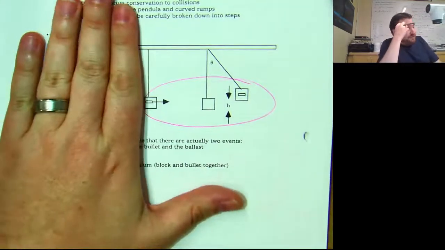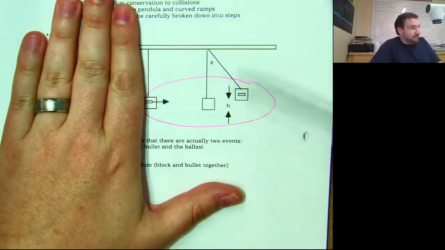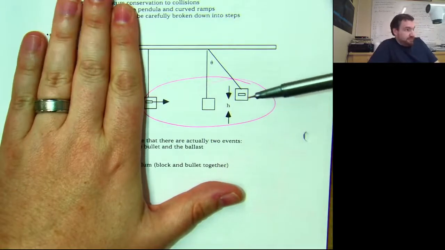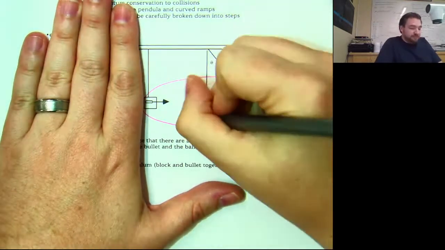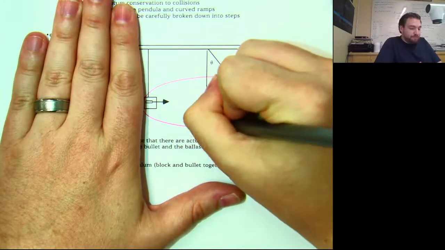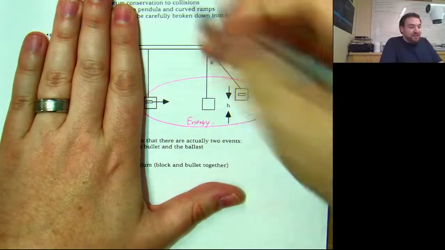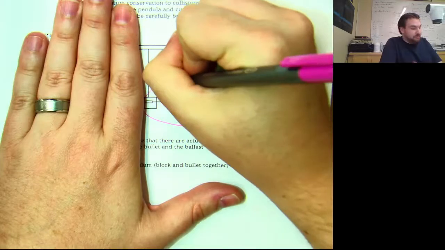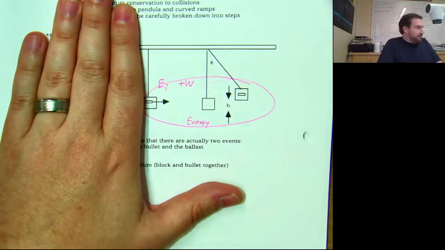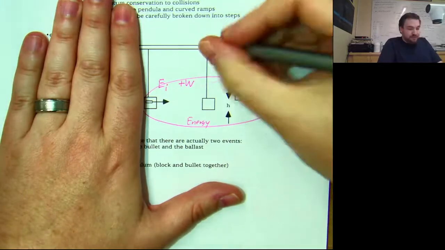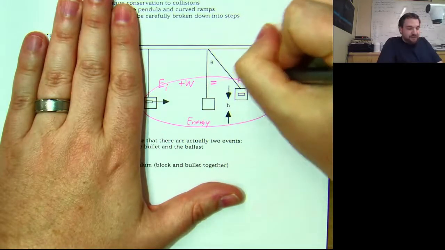Now, ignoring this, I've got an object that's rising to some maximum height. All we know is that this portion of the problem deals with energy. Okay? I'm going to have energy initial, perhaps plus work, depending on what the question outlines, is going to equal energy final.